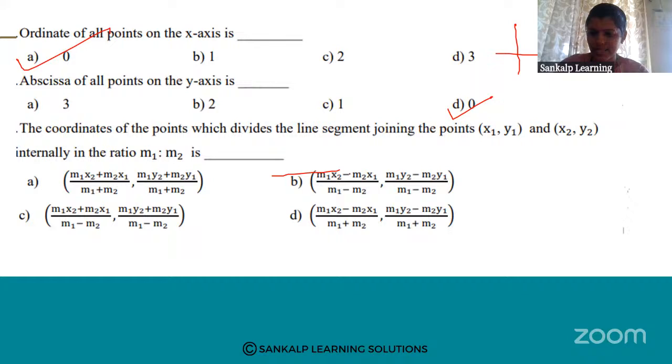Here a minus is there, so this is wrong. The correct one is m1 x2 plus m2 x1 divided by m1 plus m2, m1 y2 plus m2 y1 divided by m1 plus m2. So option A is right.